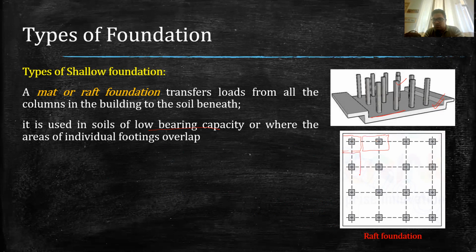Similarly, this column footing plan is like this. So here you can see they are simply about to merge. So in that case, we provide the combined footing for all these columns. We don't make the individual footing, but we make the combined footing for all the columns, and therefore it is called the raft foundation.